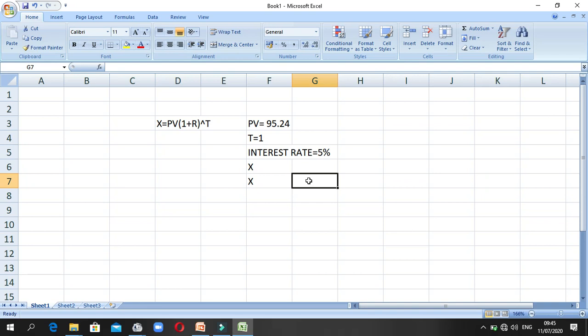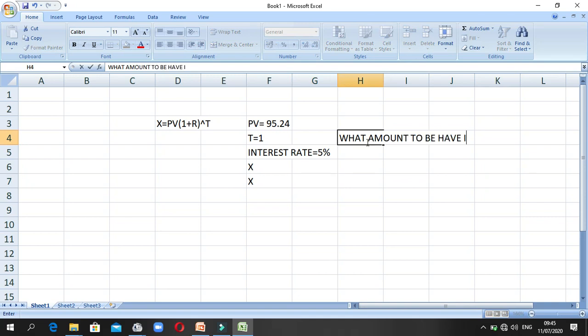So here the question is what amount we will have to obtain in 1 year. That is what we call X. The formula is this: you take the present value, multiply by 1 plus r, the interest rate, and raise it to the power t.